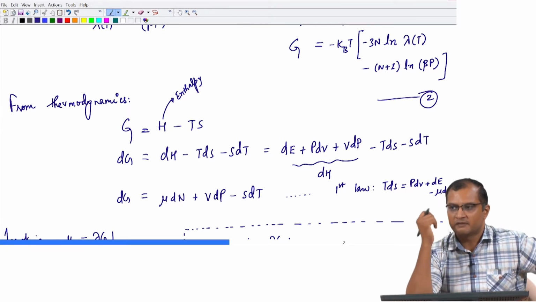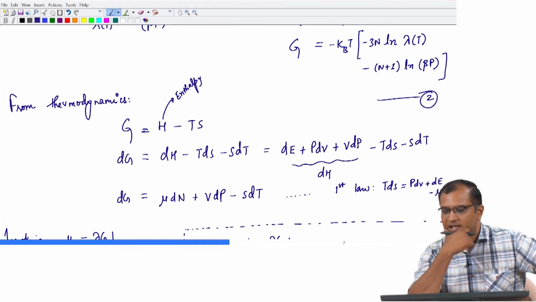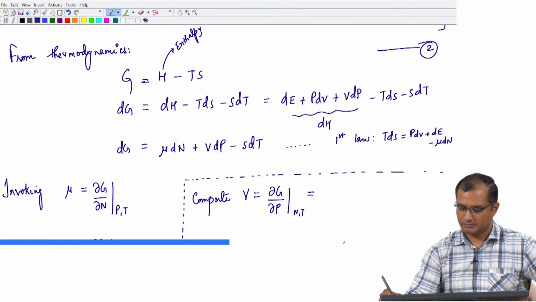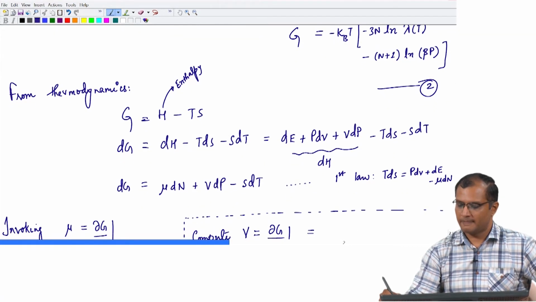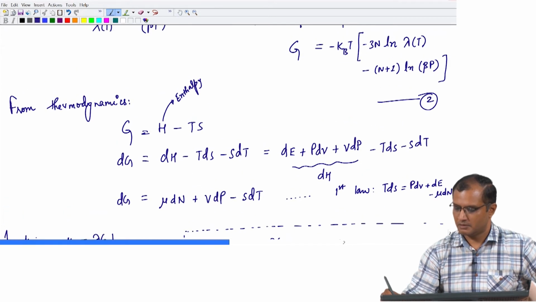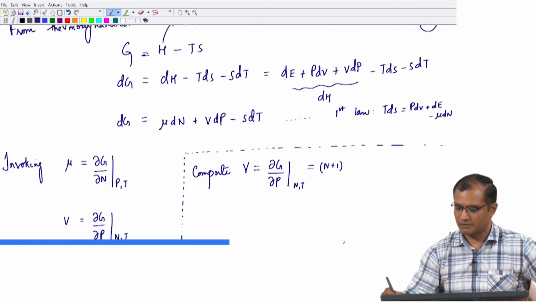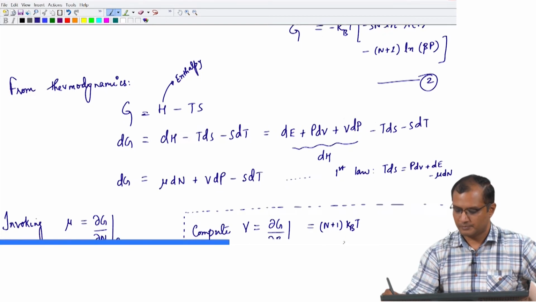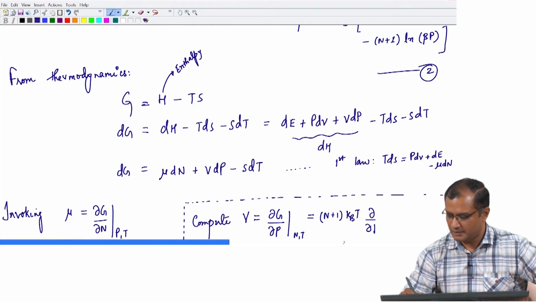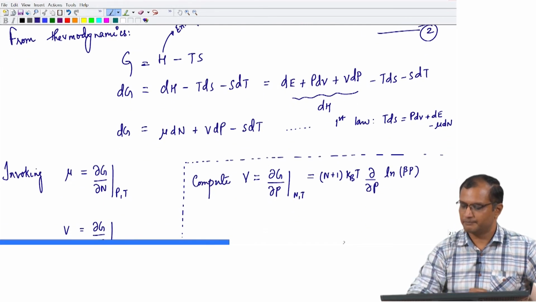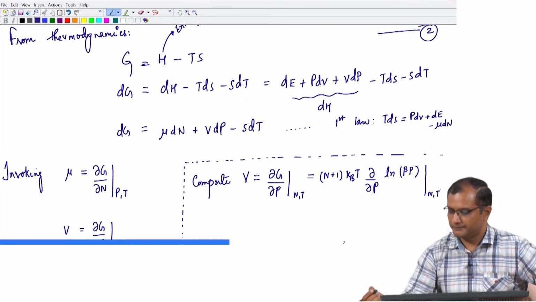The de Broglie wavelength is purely a function of temperature. Now, the only term that contributes here is the second term, and at constant temperature and number of particles, I can write it as n plus 1 into kT into d over dP of ln beta p, okay, at constant N, T, fine.